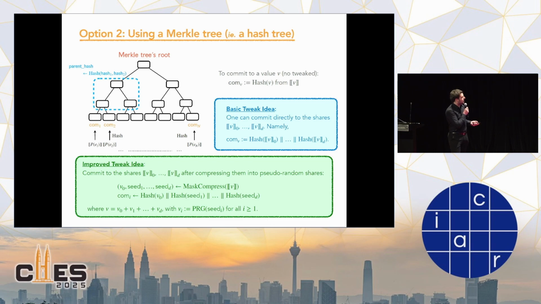And so we have the relation only when expanding the seed. So instead of committing to the first sharing, we will commit to this one. And when we need to open this commitment, we just need to reveal v0, but it's the same cost as v, and d seeds, which is much, much less expensive.